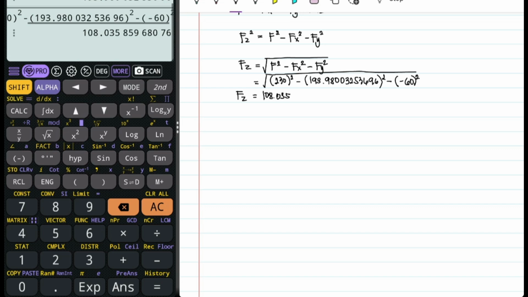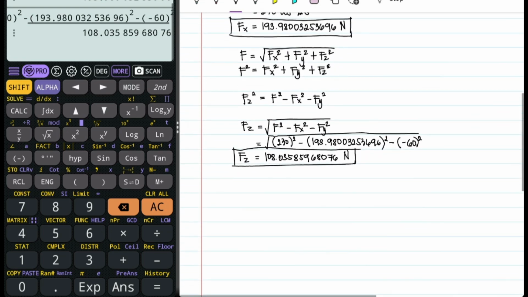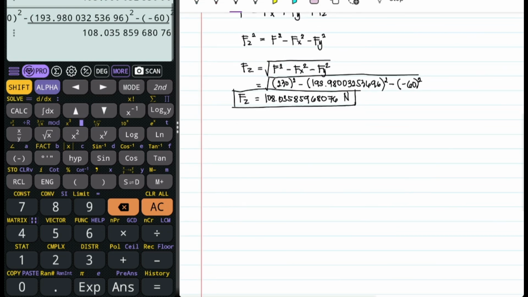But you can recall from this problem that the criterion is that f sub z must be greater than 0. So therefore, we have to go for the positive value, and that is positive 108.03585968076 newtons. So we have calculated now our f sub z.